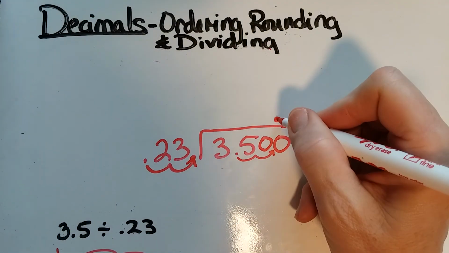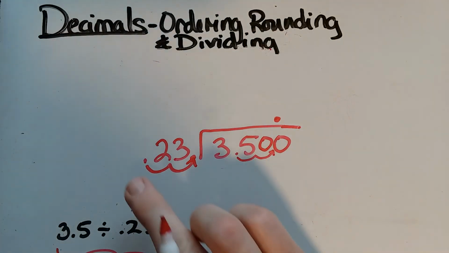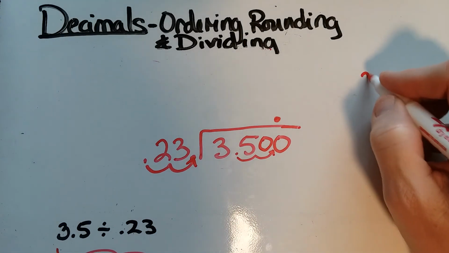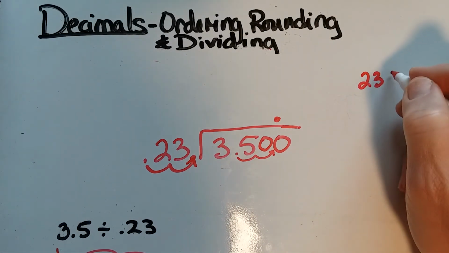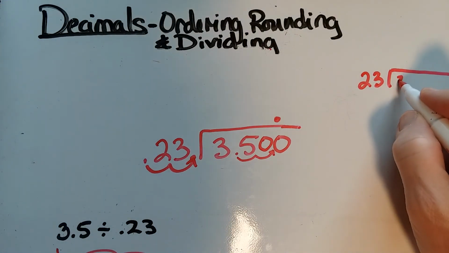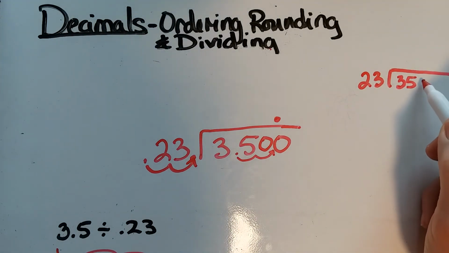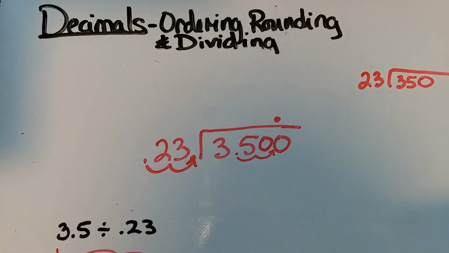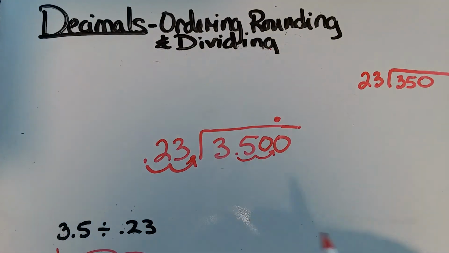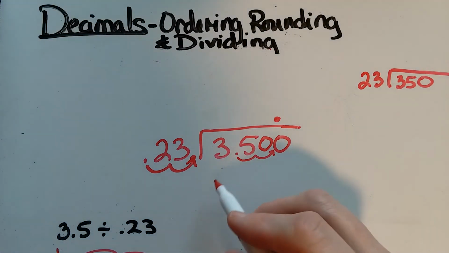So now that we know where our decimal is going, it's going in between these 2 zeros. Now we can handle this as if it were 23. So what we're really doing is we multiplied everything by 100. So this is really, rewriting wise, 23 into 350. I'll leave that up the side just so that you understand, assuming that you're not rewriting your problem.